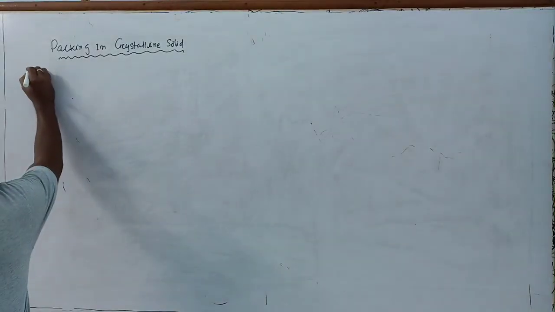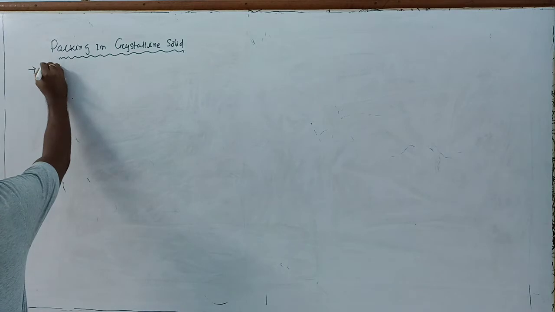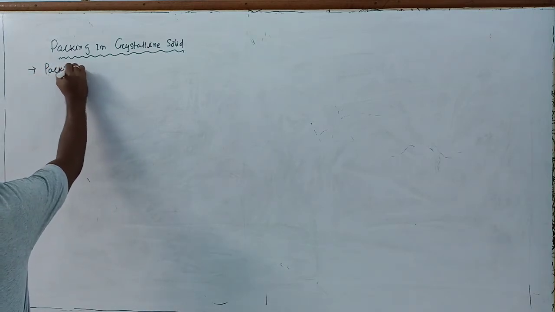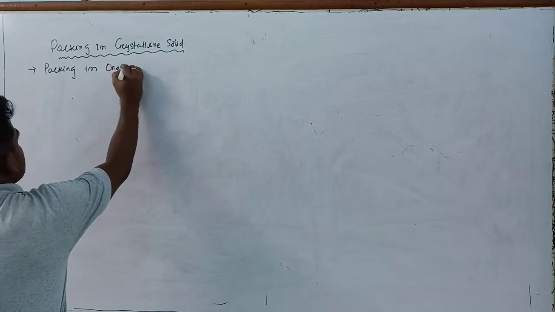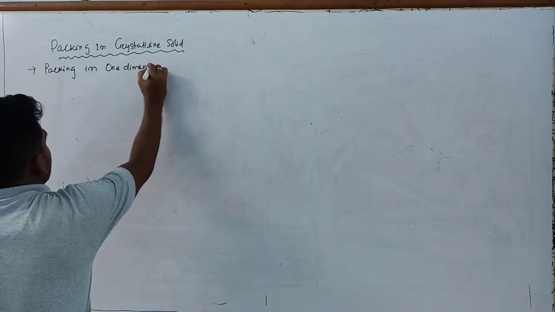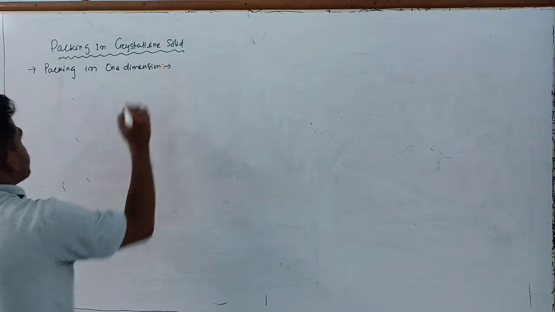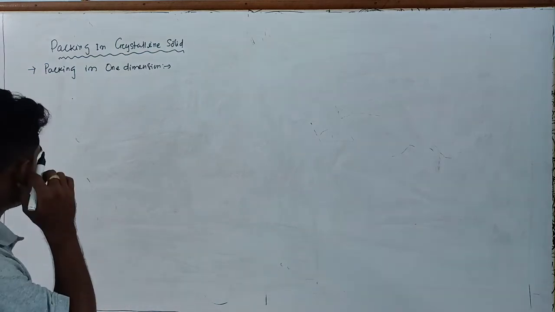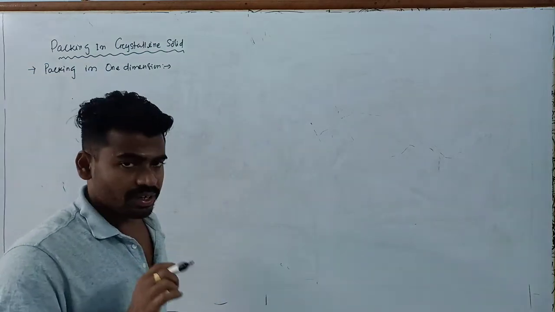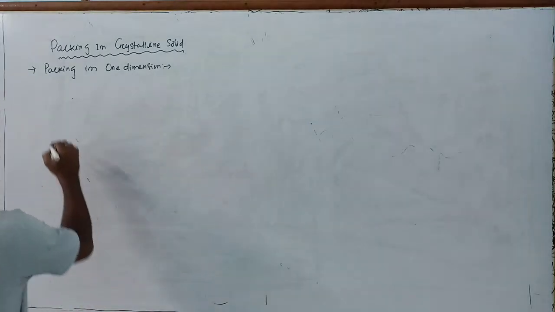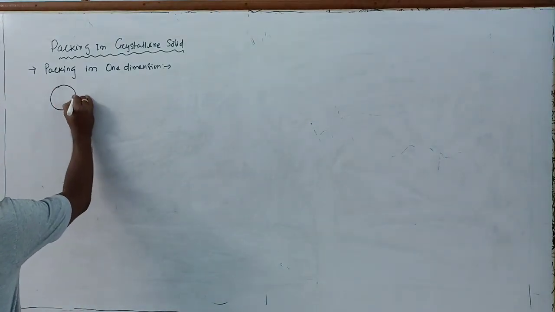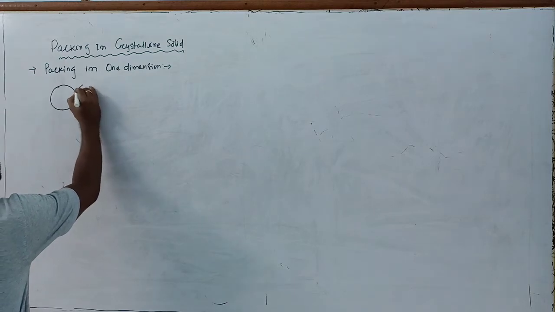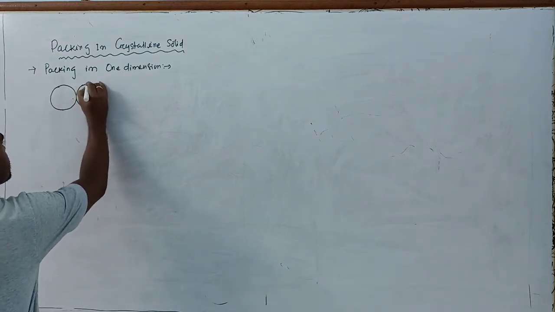First we have to consider packing in one dimension, close packing in one dimension. One dimension means we have to consider only a single axis, the x axis or y axis, or you can say z axis. So if you consider one dimensional packing, the packing is something like this, along the x axis, let's say any single axis you have to consider.